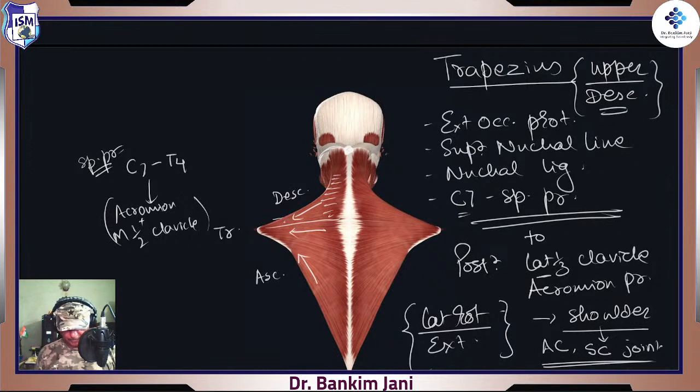And in the same way, the ascending fibers will be from level T5, where that ends, all the way up to T12. So that's the reason it fans out at such a big level. And then it goes to the spine, I wrote clavicle. Oh, sorry, this has to be the spine of the scapula, not clavicle.